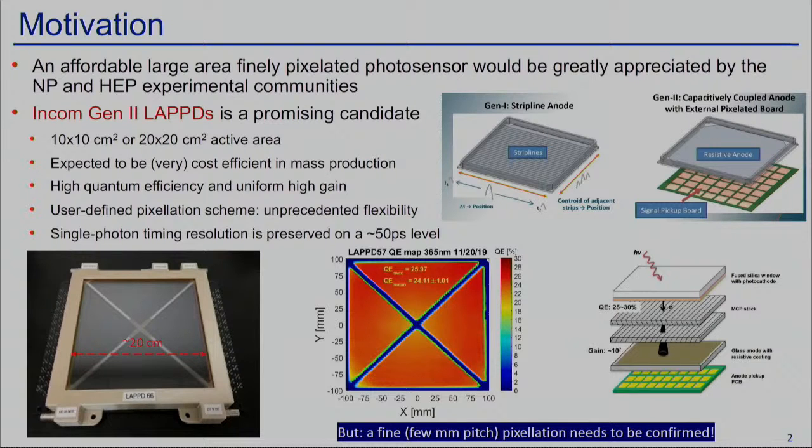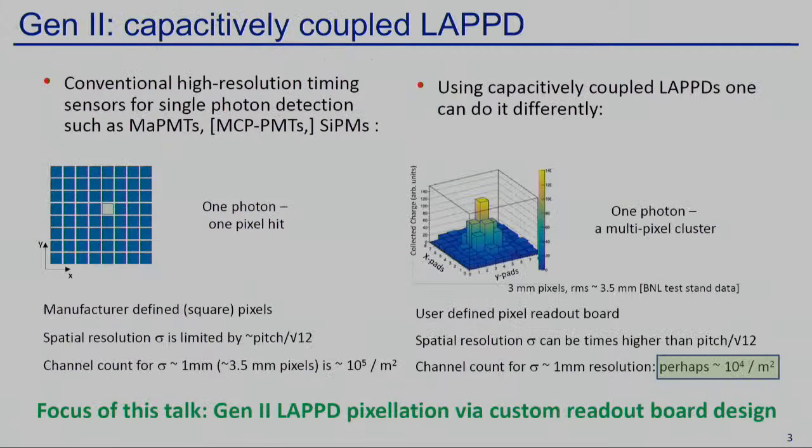But as I said, they don't exist in finely pixelated configurations, and the talk will be basically devoted to this. Clustering was mentioned briefly in the previous talk already. I still want to spend a minute here, because when people design their readout planes, they keep thinking about the picture on the left-hand side of this slide, where a single photon generates a single hit in one of the pixels.